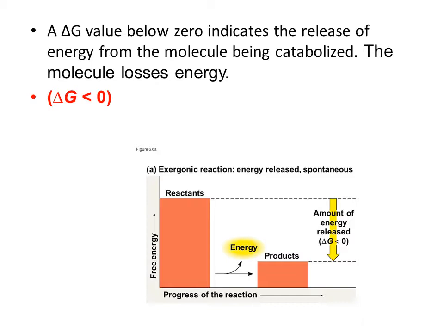The molecule loses energy. So if I gave you a delta G value that was a negative number, that is below 0, that is an exergonic reaction. Therefore, energy is being released from the system.